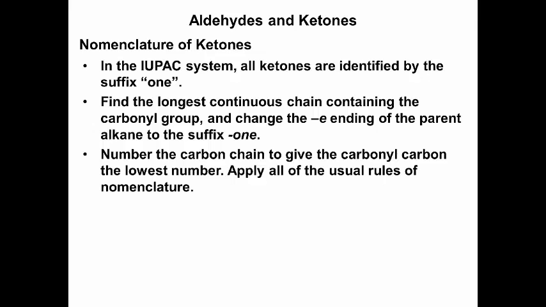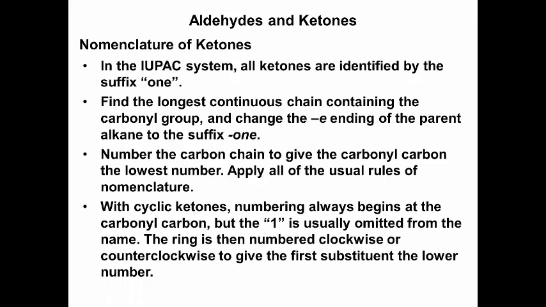Number the carbon chain to give the carbonyl carbon the lowest number. Apply all of the usual rules of nomenclature. With cyclic ketones, numbering always begins at the carbonyl carbon, but the 1 is usually omitted from the name. The ring is then numbered clockwise or counterclockwise to give the first substituent the lower number.